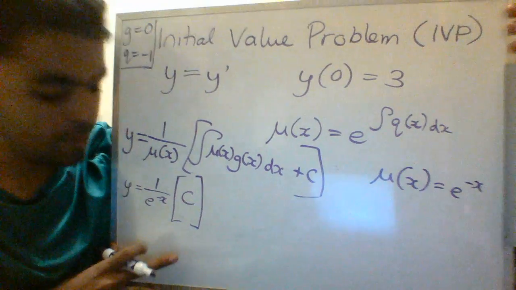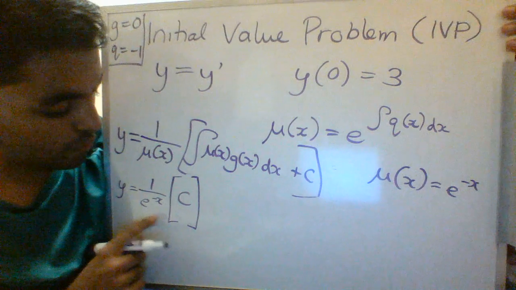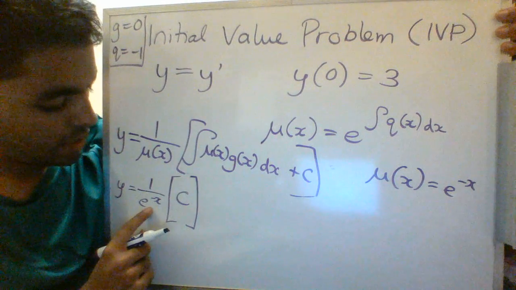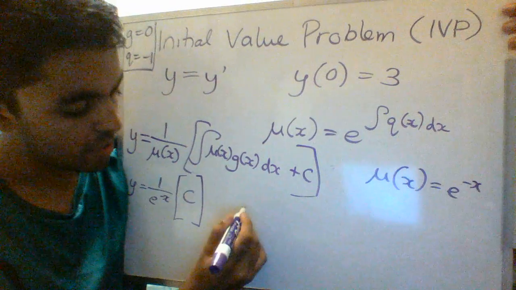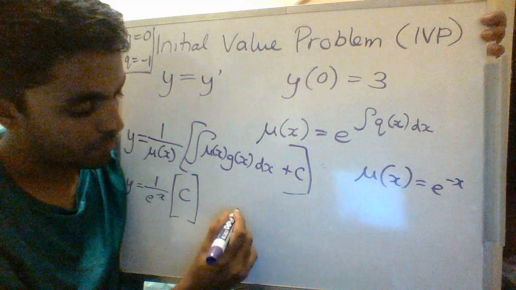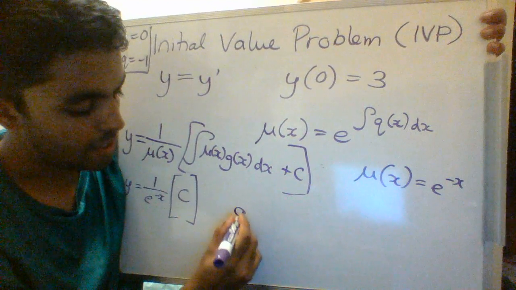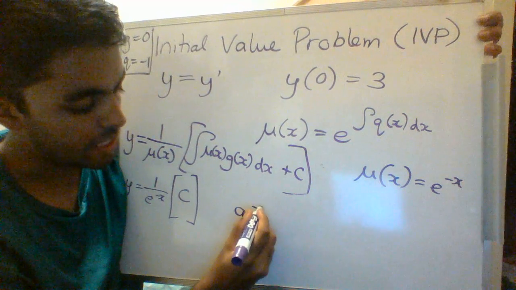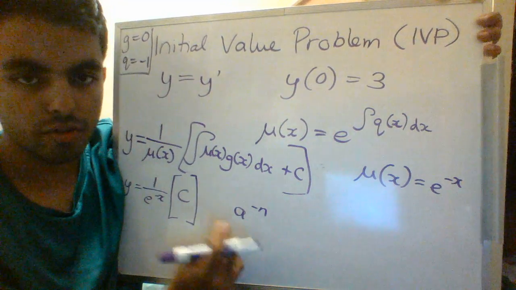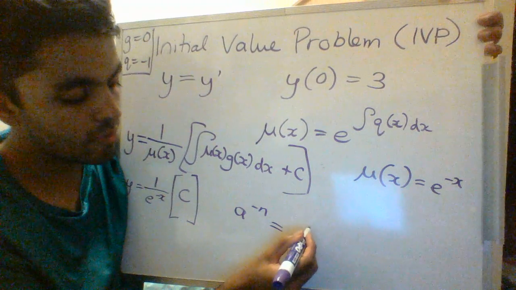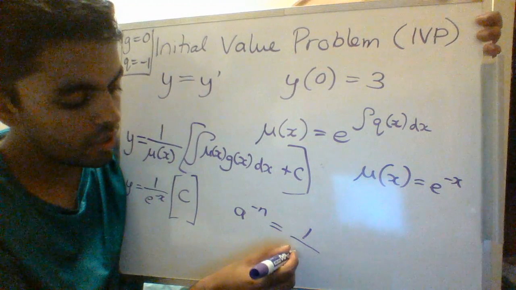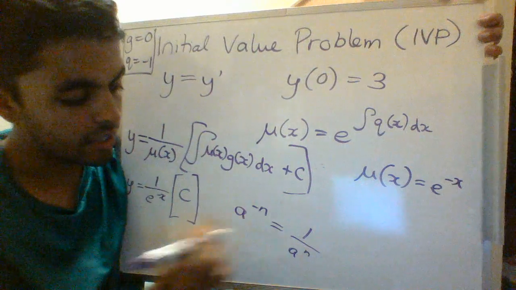Now, last bit, before we have to add to the problem, e to the negative x in the denominator. So if you have just any random number, a to the negative n, it would be the same thing as 1 over a to the n.